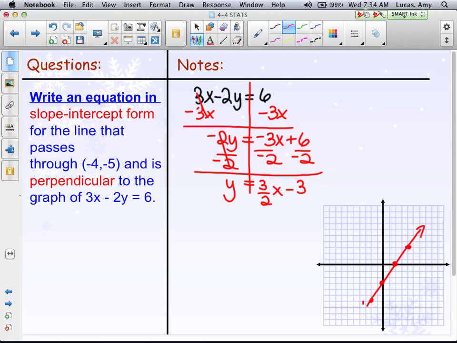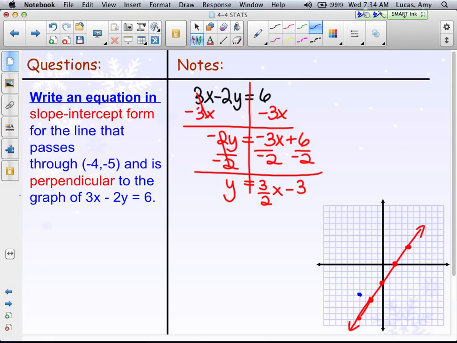To get my original line. Now my new line, (-4, -5) is right here. So maybe I want my line to go even further on my original. Okay, so (-4, -5).